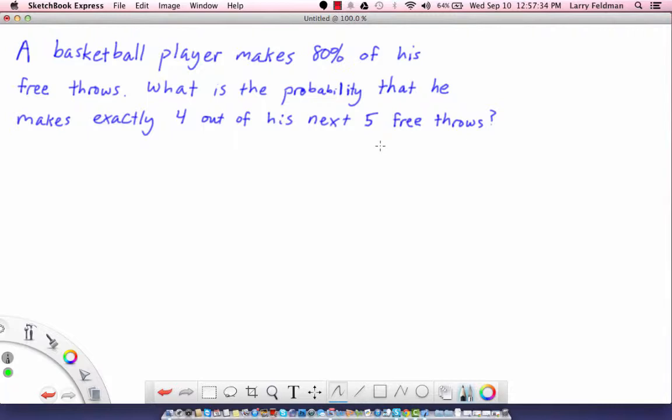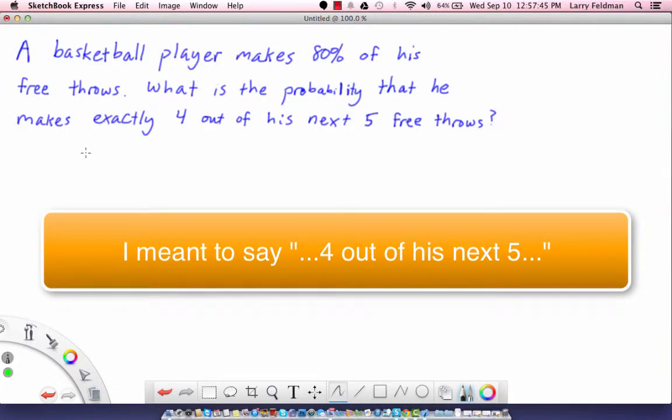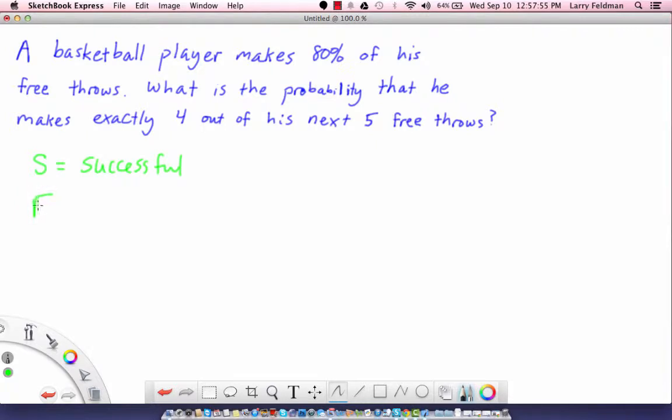Now, let's talk about an example that I wrote on the screen. A basketball player makes 80% of his free throws. What is the probability that he makes exactly 4 out of his next 5 free throws? So let's say that an S means a successful free throw, and an F is a missed or failed free throw.